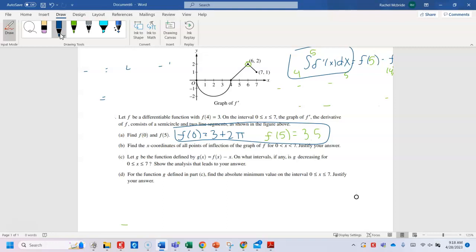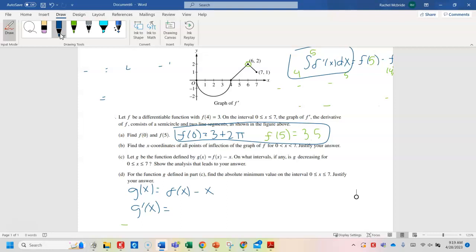On what intervals, if any, is g decreasing for 0 to 7? So again, g of x equals f of x minus x. So in order to know if g of x is decreasing, I need to know what's happening on g prime of x.